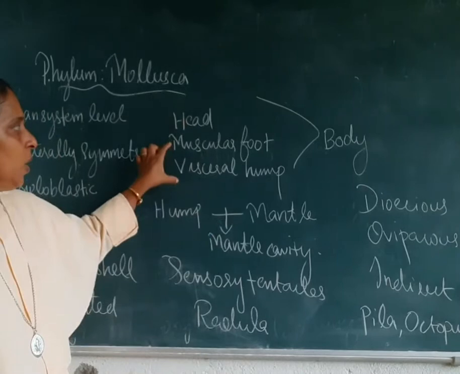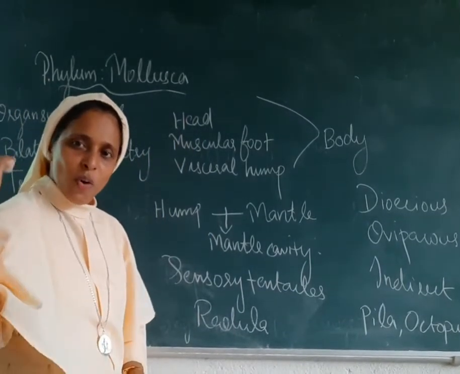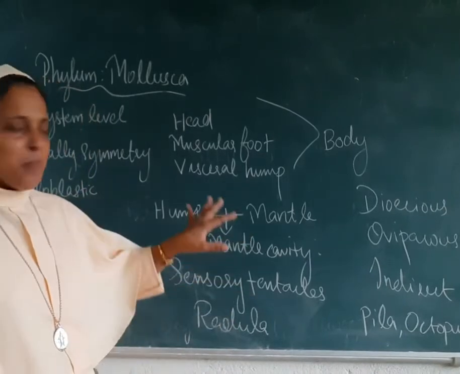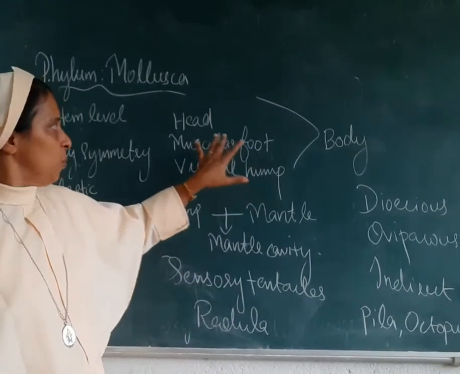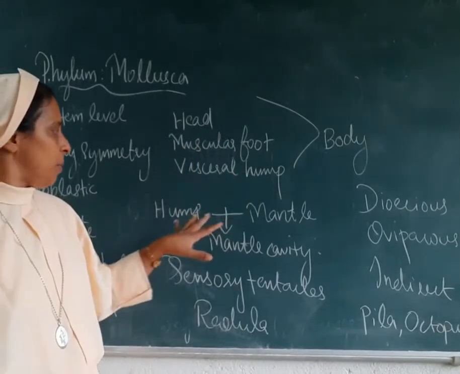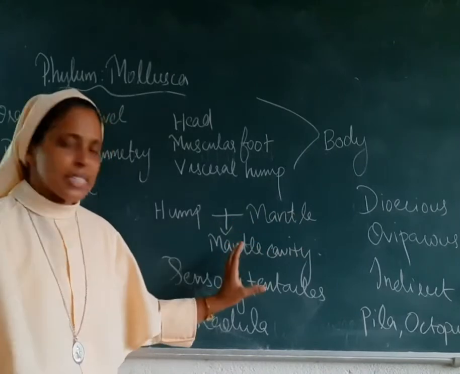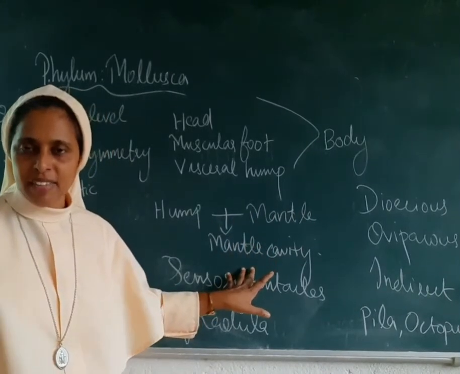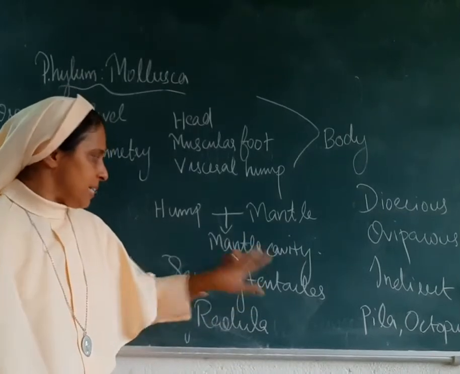The snail carries a small house over the dorsal part of its body. With the help of the muscular foot, they move from one place to another. Between the hump and the mantle there is a space, termed the mantle cavity.